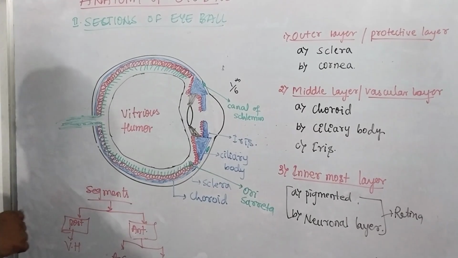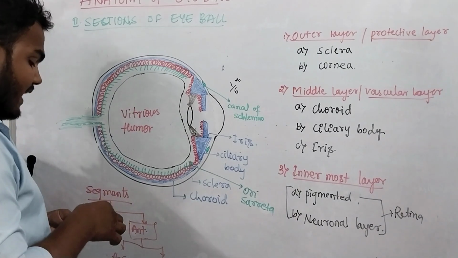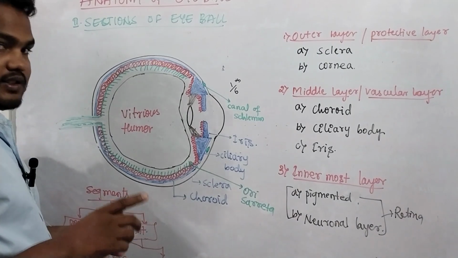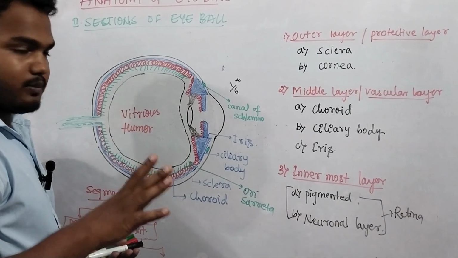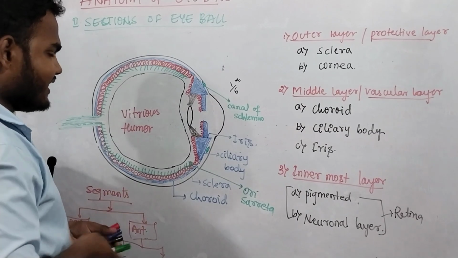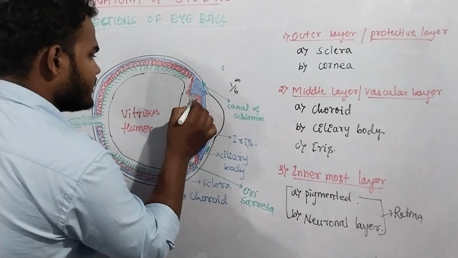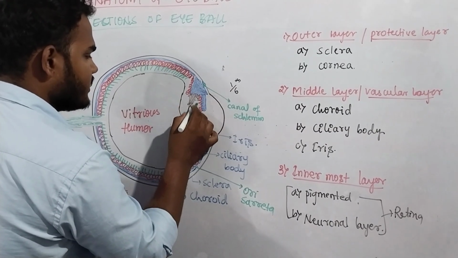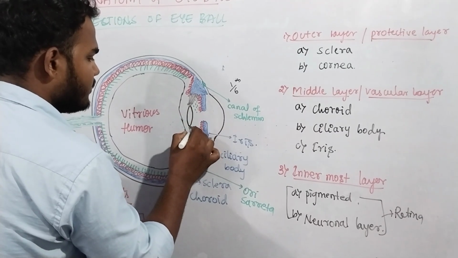Now here the aqueous humor is circulating. It does not build up; it is a circulating fluid originating from the ciliary body in the posterior chamber.